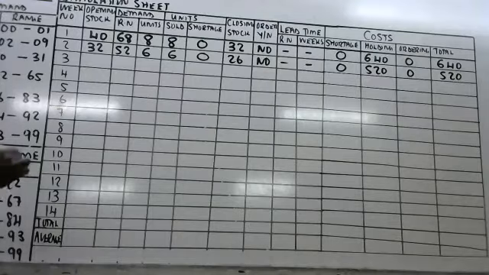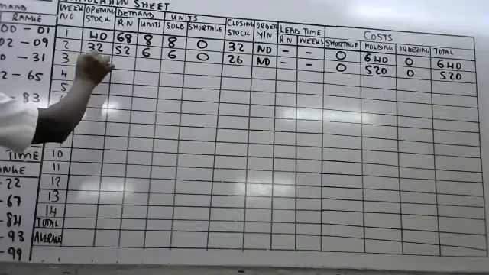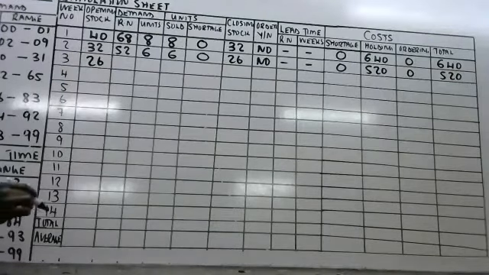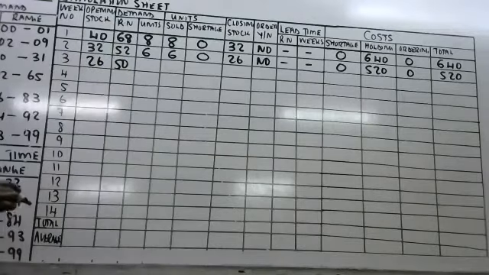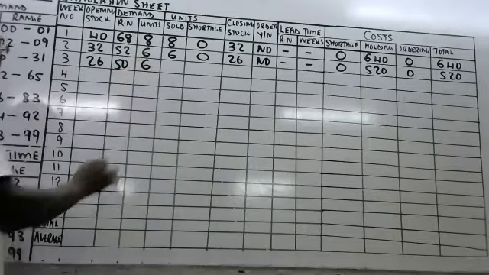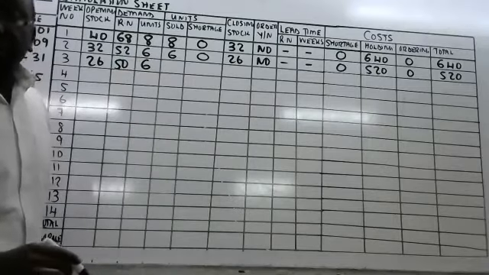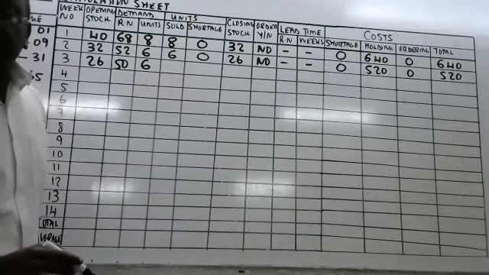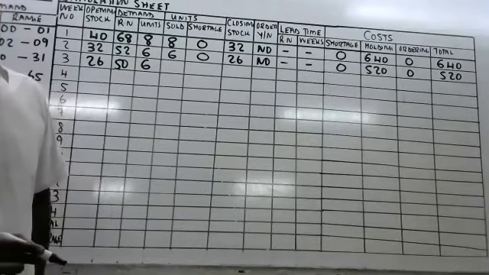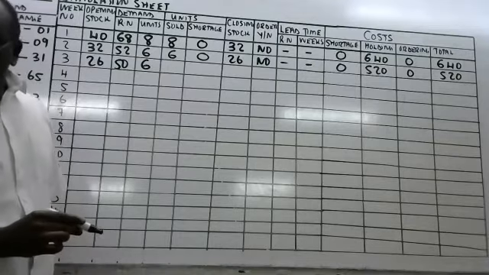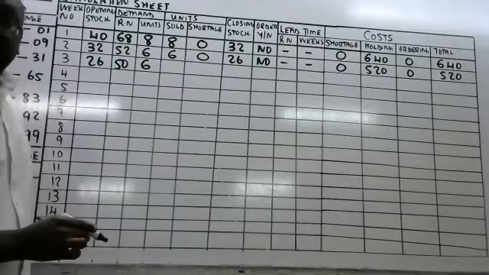Next week, we open now with 26. Random number is 50. So 50 will give us how many? 6. We're going to check information 2. It says the holding cost is 20 shillings per unit.